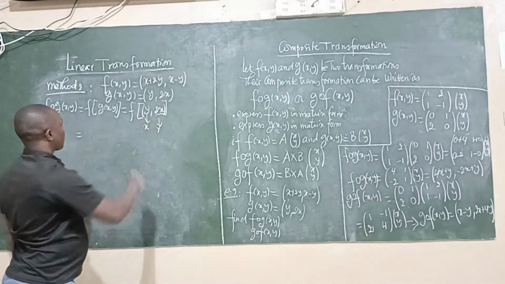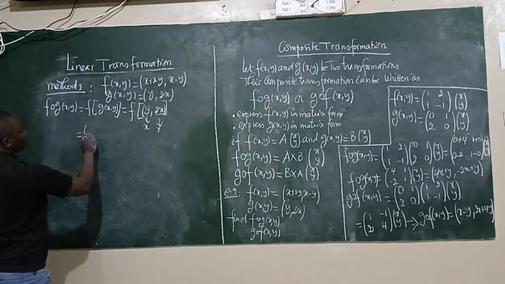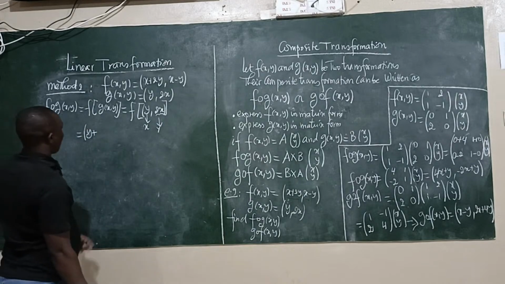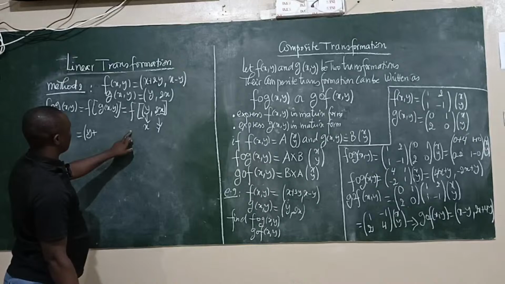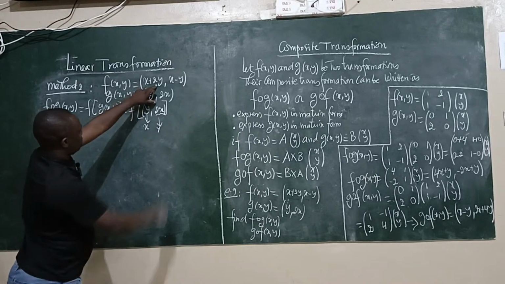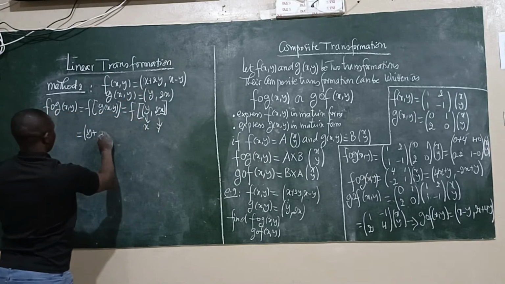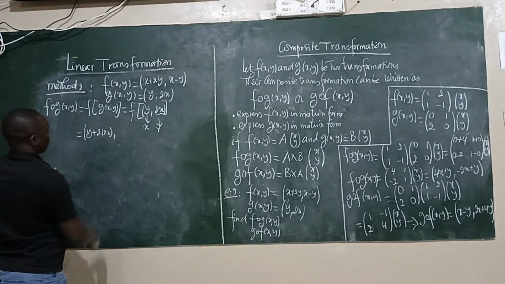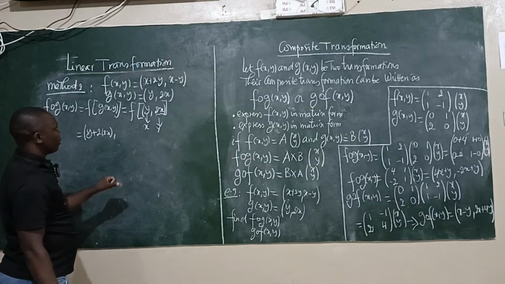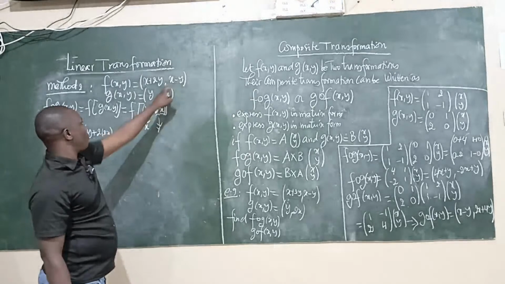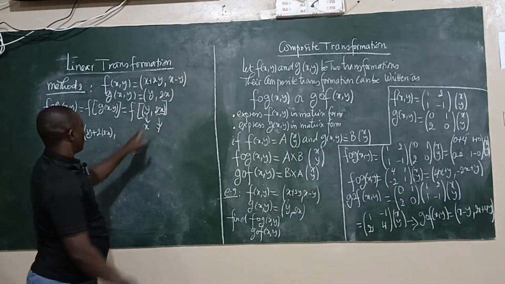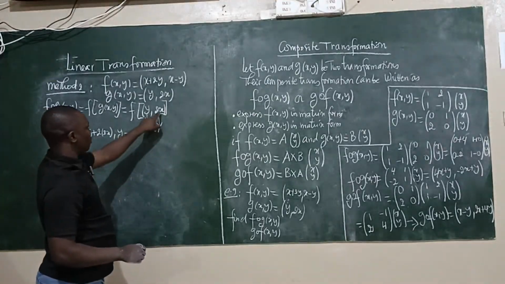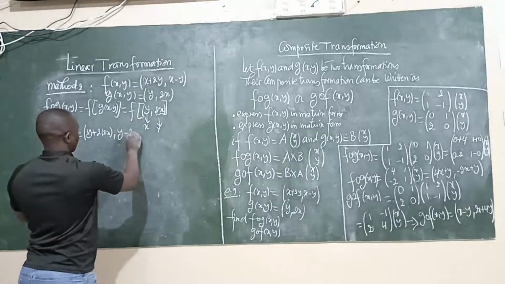Here, we are going to have y plus 2 times 2x, 2 into 2x, comma, instead of having x here, we're going to have y. Here is y minus y is replaced by 2x, minus 2x.